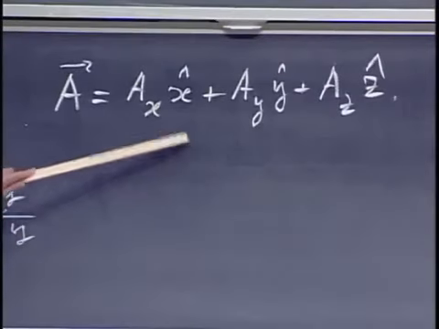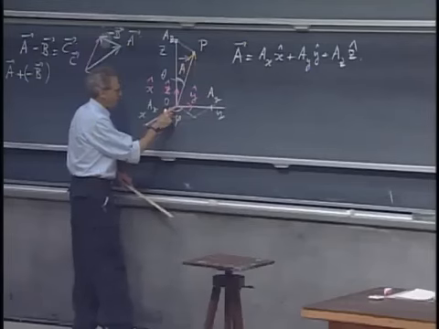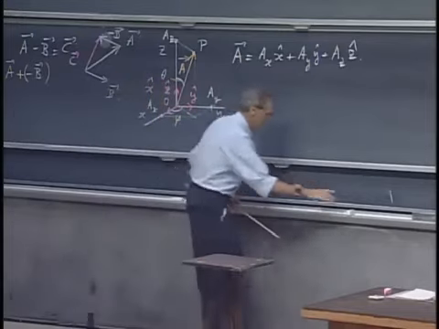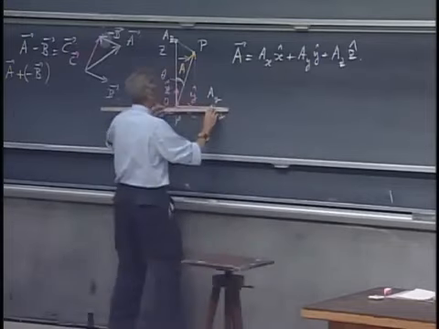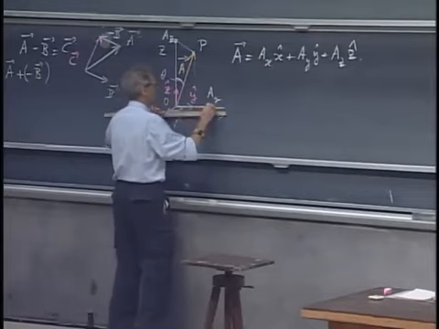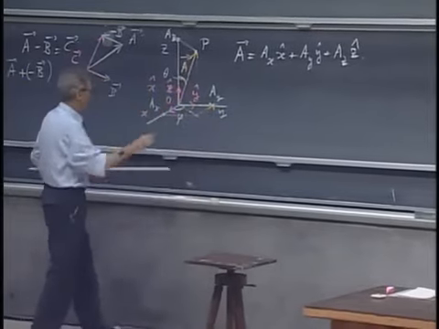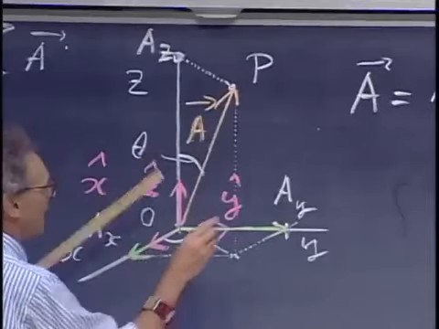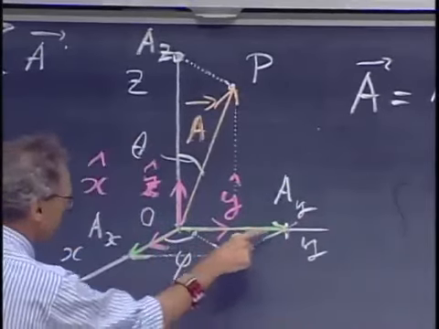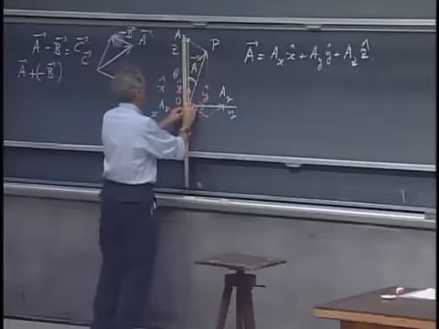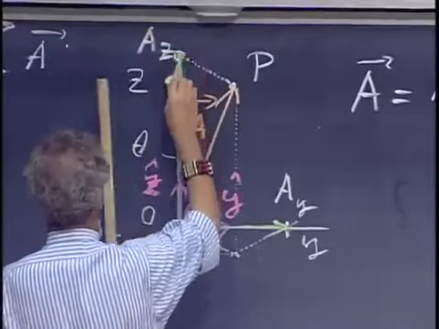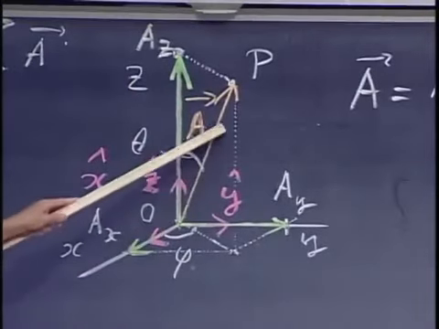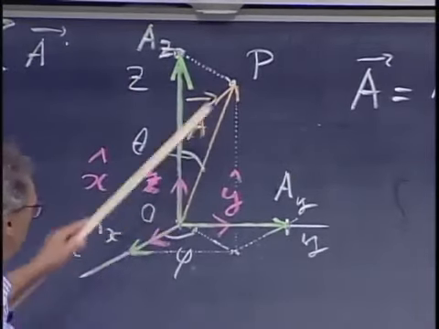And this A of x times x roof is really a vector that runs from the origin to this point. So we could put that in as a vector if you want to. This makes it a vector. This is that vector. A of y times y roof is this one. And A of z times z roof is this one. And so the three green vectors added together are exactly identical to the vector OP.